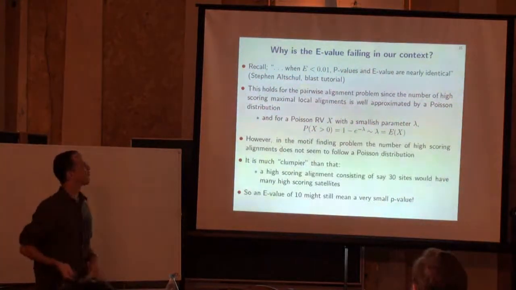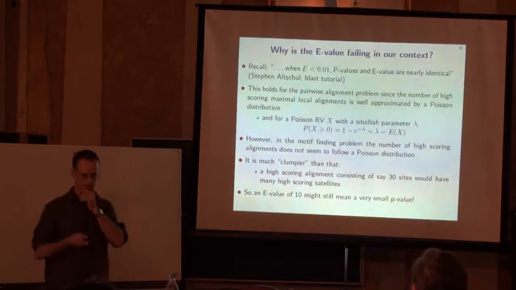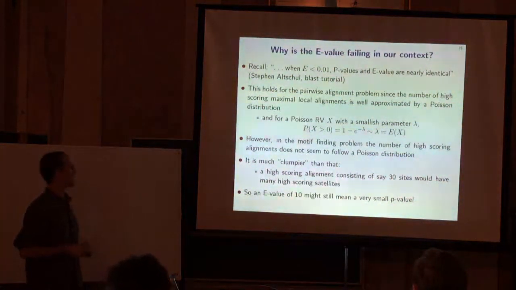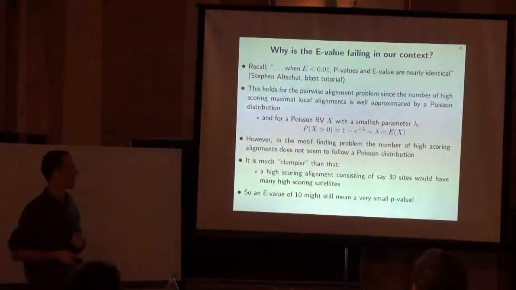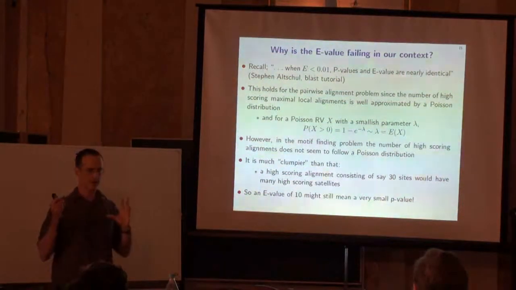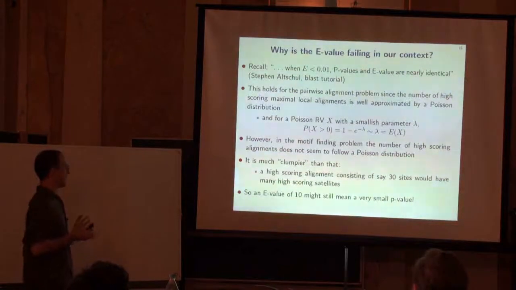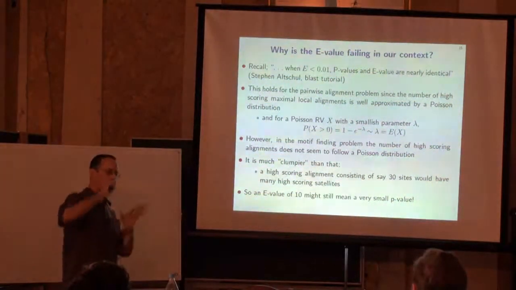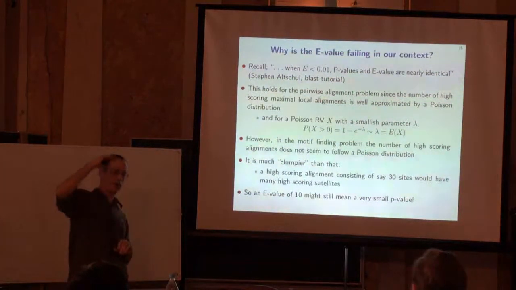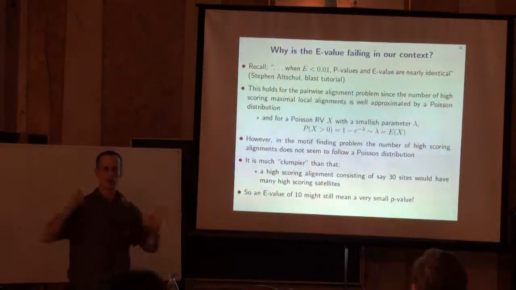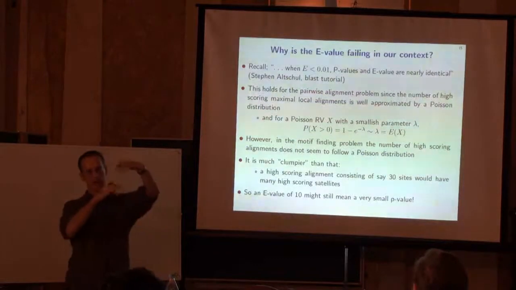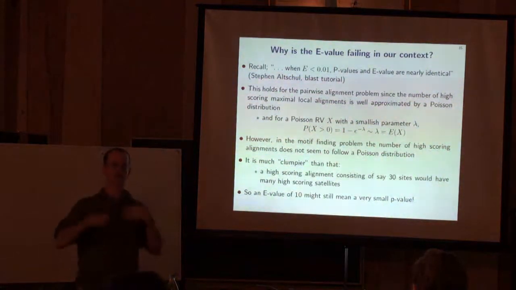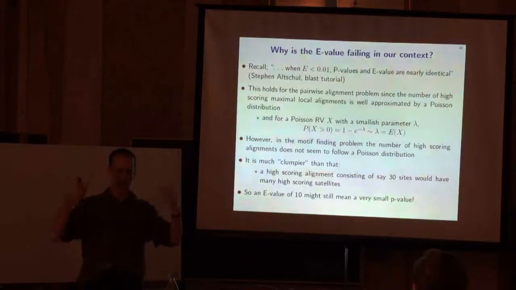Not so for the motif finding context, because the problem there is that the number of high-scoring alignments does not seem to follow a Poisson distribution. The data is much clumpier than that. That is, if you have one alignment that scores above your threshold, then typically you'd have a lot of satellites. Because if, say, that alignment has 30 sites, and you replace one of those, you'll still have high-scoring alignments.